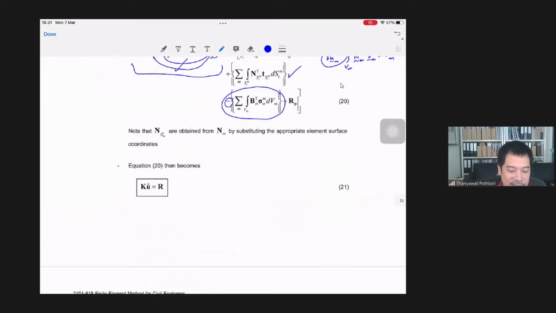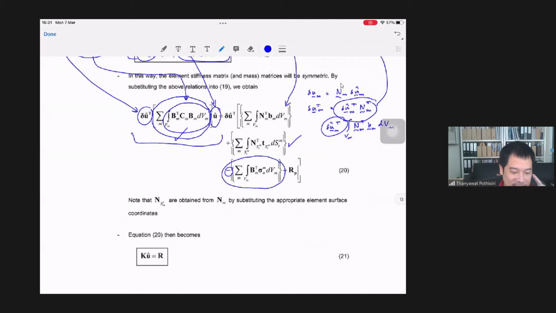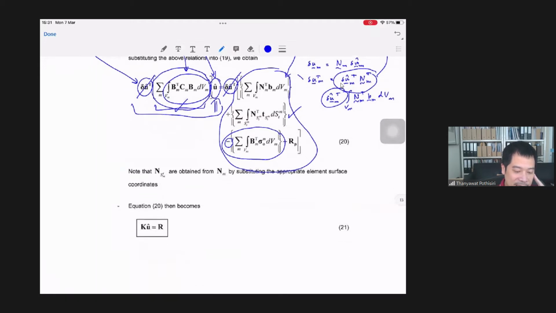Now, based on this set of equations, if you cancel out this and this, you would have this matrix multiplied with u hats equals all these terms right here, which can be simply written as this equation.